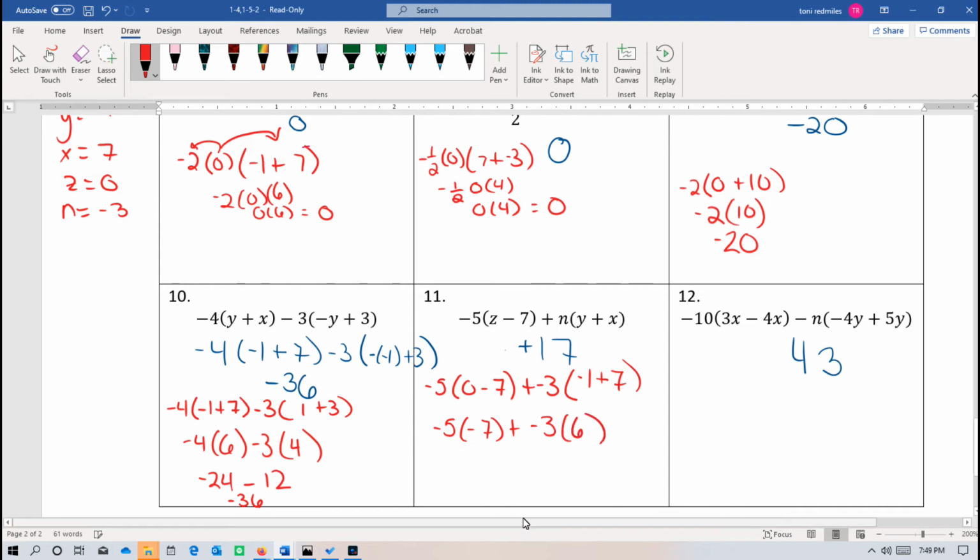I have 6. Next, I got to do that multiplication. I don't have any exponents yet. We're not there yet. A negative and a negative make a positive. 5 times 7 makes a 35. A negative and a positive make a negative, and that's going to be an 18. All right, so I'm basically subtracting 18 from 35 in this case, which is going to make 17, positive 17.